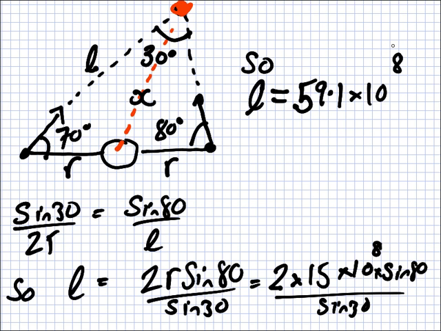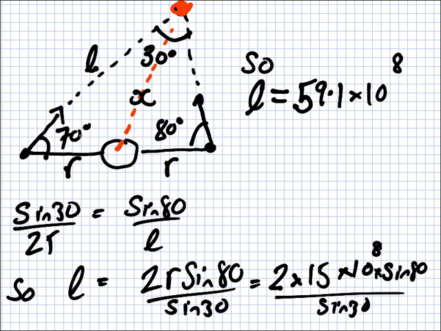x, what rule would be best to give me x? Sine rule again? You can say x over sine 70 equals L over, oh, no, actually maybe not. I'm missing some angles, haven't I? I have 70, I don't know this angle. Cosine rule would work better.